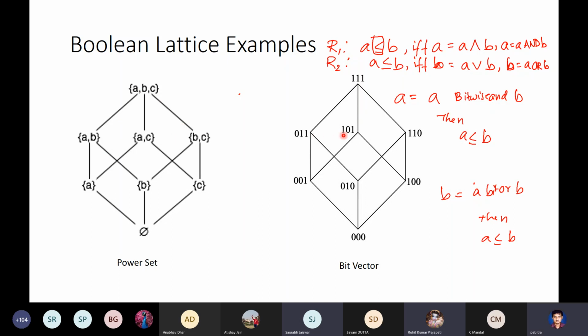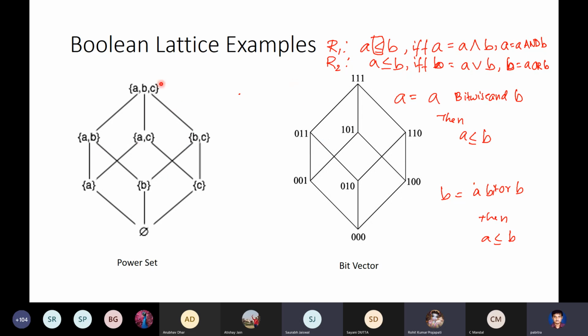if they hold between the original pre-images, they will also hold in the images. If you map one to the other, if they hold in the pre-images, they will also hold in the images. So that's an isomorphism. And the reverse is also true. So if from this bit vector to power set you have a 1-to-1 mapping, and if there is a relation between two elements here, there is also a relation there, we call it homomorphic.